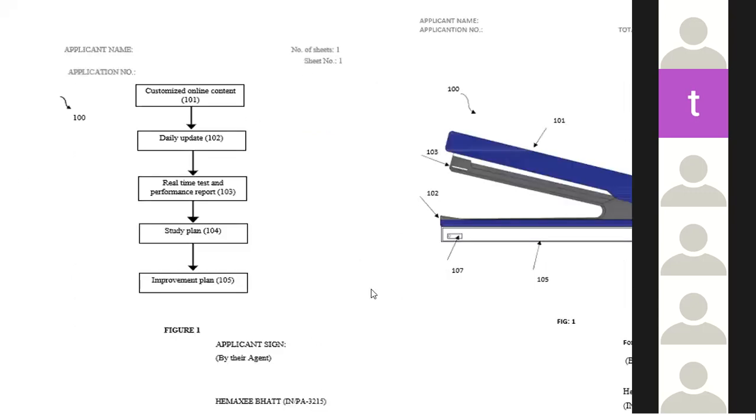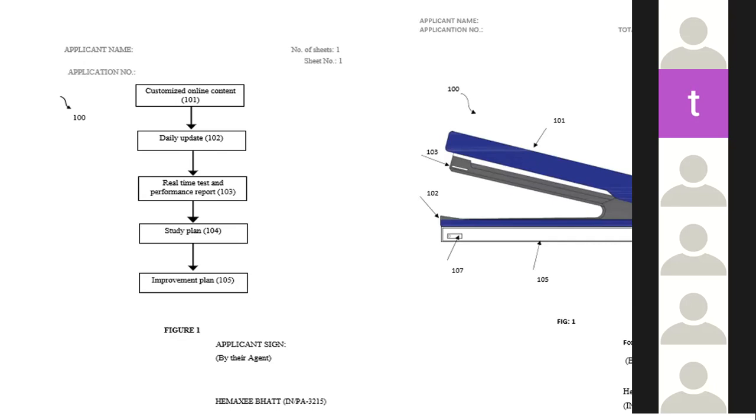सो ड्राइंग पेज आपका कैसा दिखेगा, इस तरीके से होगा. ड्राइंग पेज जो आपका रूल 15 में मेंशन किया हुआ है. A4 साइज पेपर, फर्स्ट मैंने फ्लो चार्ट लिया है, सेकेंड इज द ड्राइंग, एक्चुअल ड्राइंग. सो आपका टॉप लेफ्ट कॉर्नर पे एप्लीकेंट नेम एंड एप्लीकेशन नंबर मेंशन होना चाहिए.